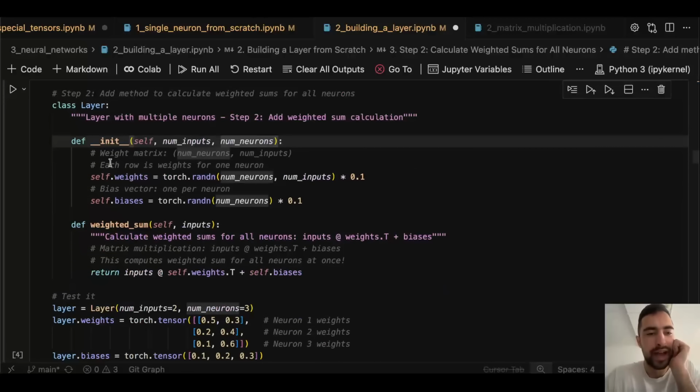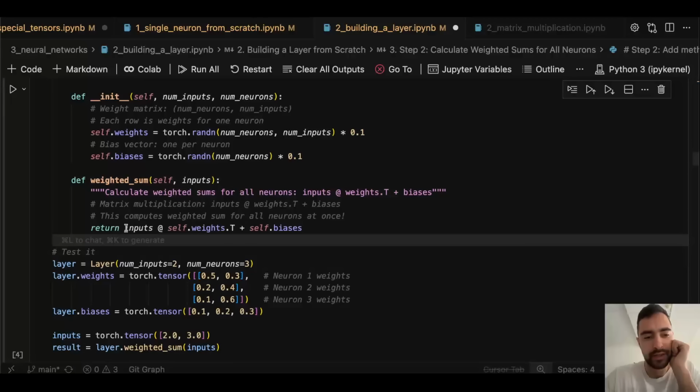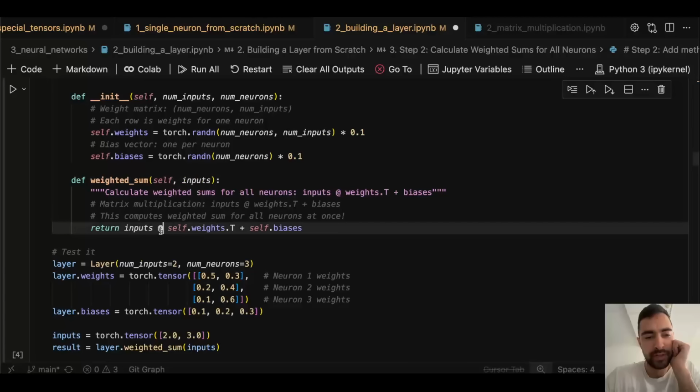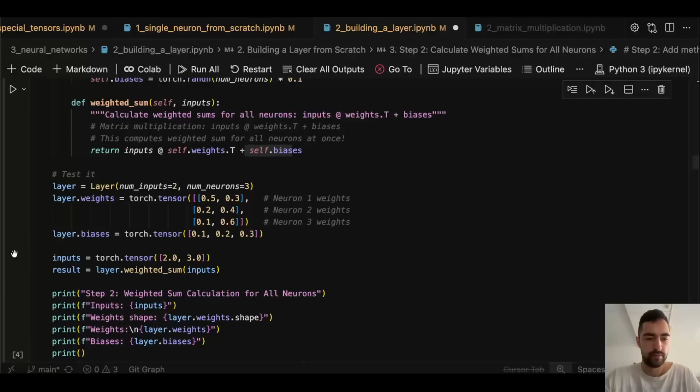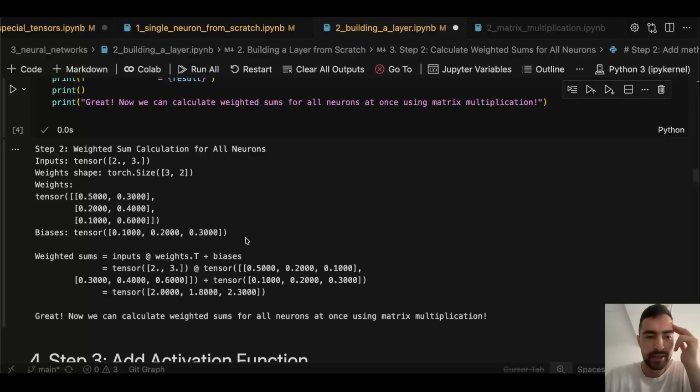So then after initialization, we will add this weighted sum. And here we just do inputs, matrix multiply, weights transposed. We need to transpose them as I explained, plus biases. And at the end, you will get something like this. We will get 3 numbers, because the hidden number of neurons is 3.